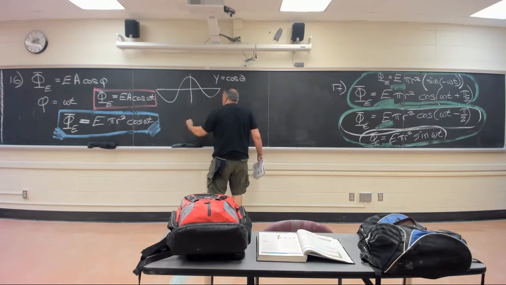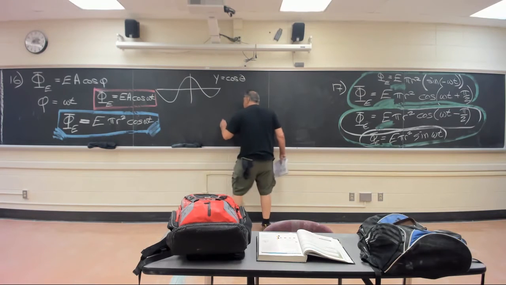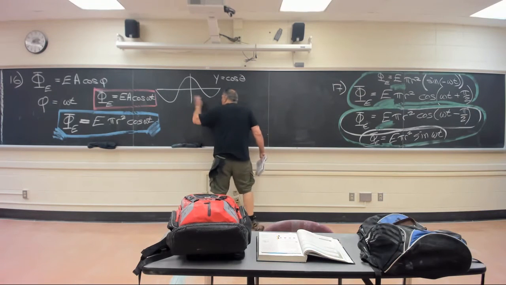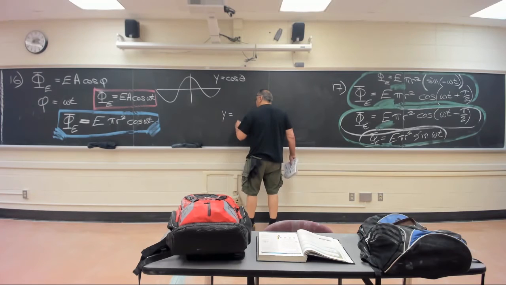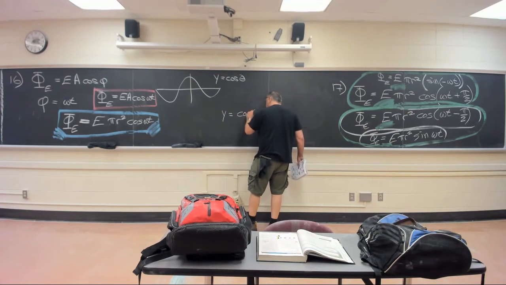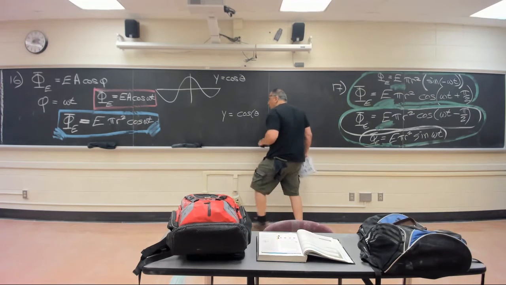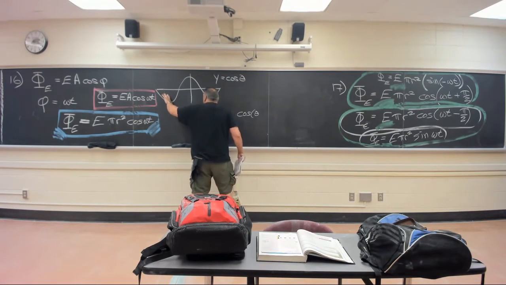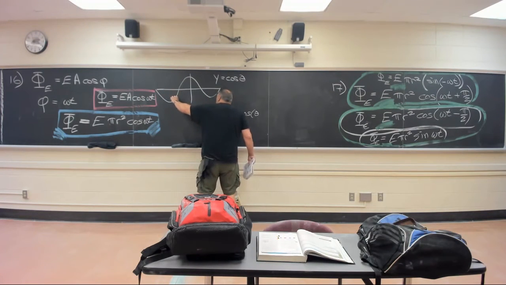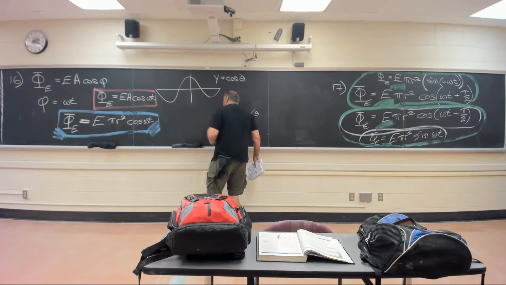If you move this thing over pi over 2 units, you want everything that was going on earlier to be occurring at a later time.